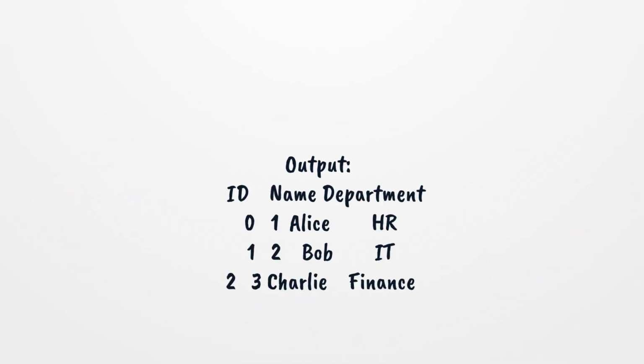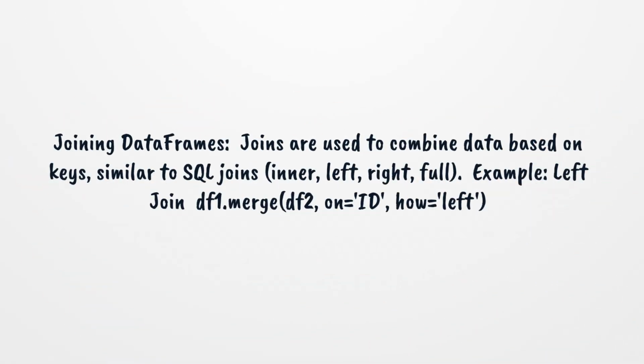Output: ID, name, department. 0 1 Alice HR. 1 2 Bob IT. 2 3 Charlie Finance.